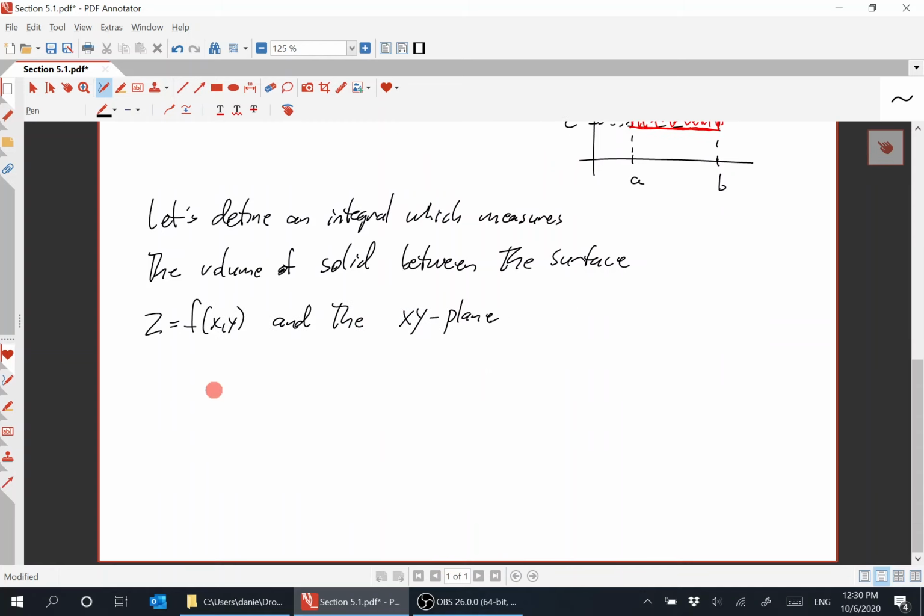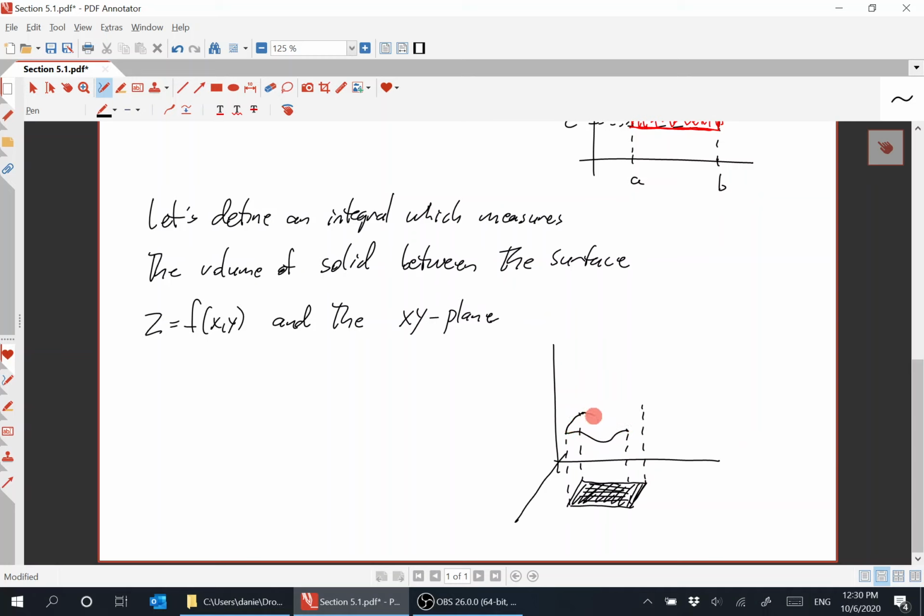So the picture looks like this. You've got this rectangular region here, and above that rectangular region, or below, right? But I'm just going to draw above, just to simplify the look of the thing.